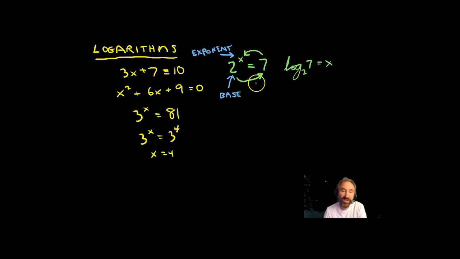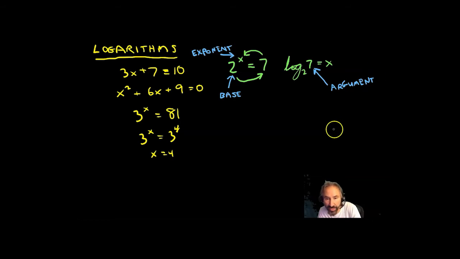What about the 7? The 7 is a little bit trickier. What I say is, when the 7 is over here in the logarithm, I actually call the 7 the argument of the log. And we will use this idea of an argument in other types of math. So for example, I'm just going to write this off to the side.